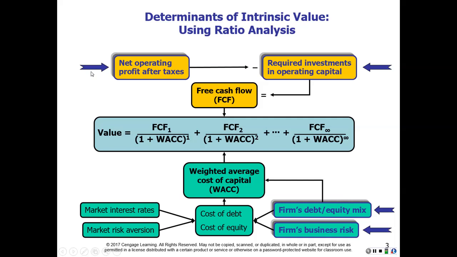Amongst all these components, we are going to focus on NOPAT, net operating profit after taxes, then required investment in operating capital, the firm's debt to equity mix, and the business risk that the firm faces. Debt to equity mix is an analog to financial risk, and business risk is the risk from operations like fluctuating sales, rising costs, etc.